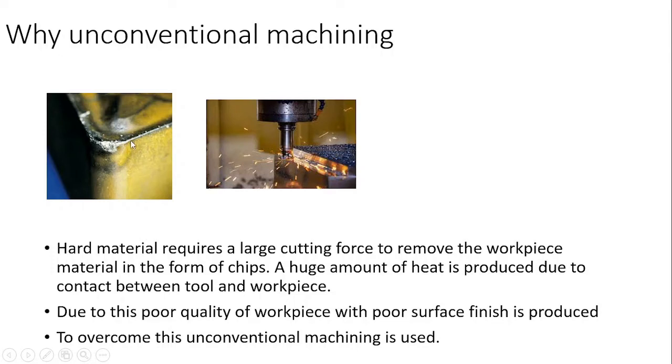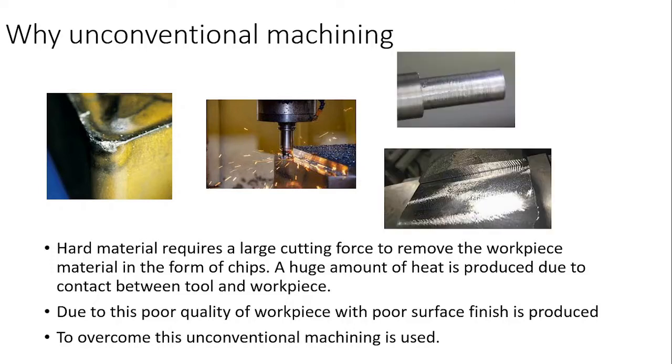This cutting force produces a huge amount of heat. This huge amount of heat is produced due to the contact between tool and the workpiece. Due to this heat, the produced workpiece material has poor surface finish, as in this diagram.